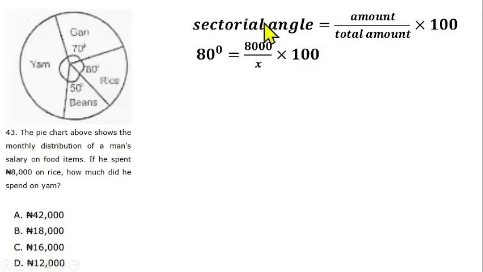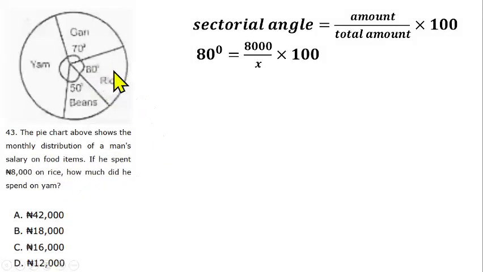I didn't see that. So the sectorial angle, we are given that the man spent 8,000 on rice.